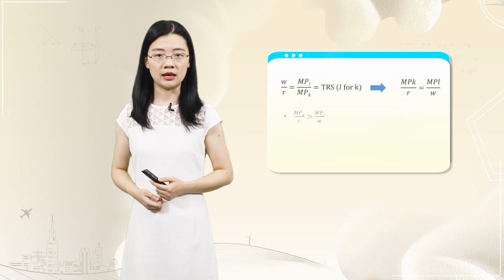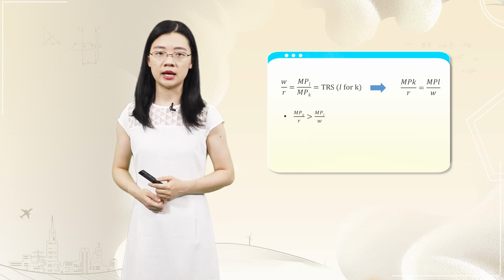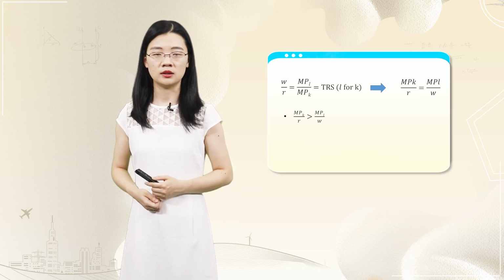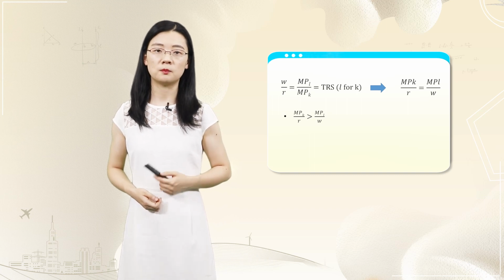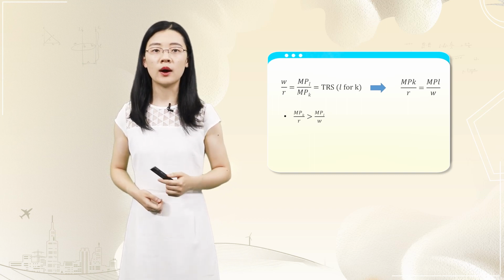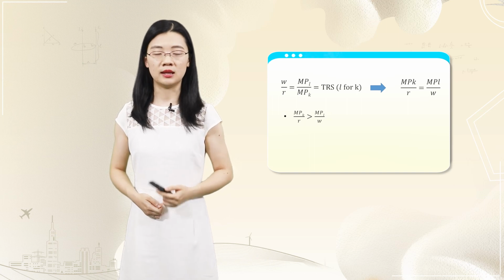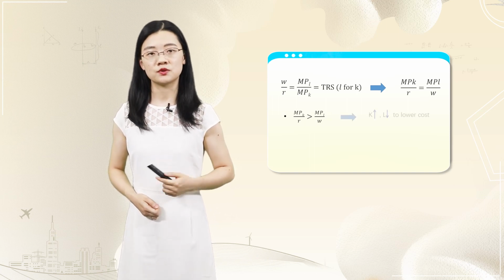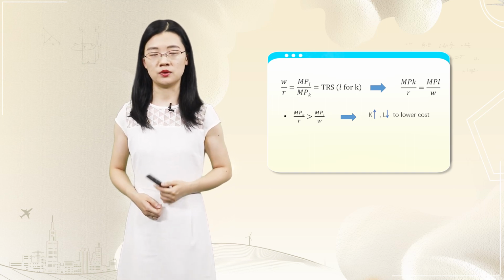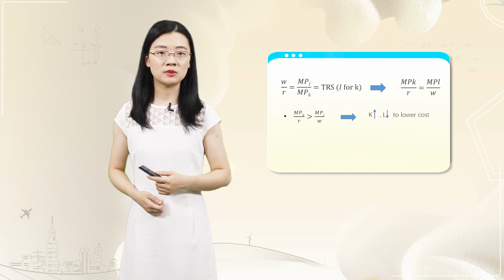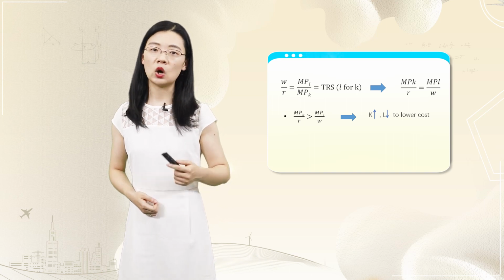If MPK divided by R is greater than MPL divided by W, then the same unit of money spent on capital will bring more output than labor. If the producer reduces labor input and increases capital input, she can produce the same amount of output at a lower cost.